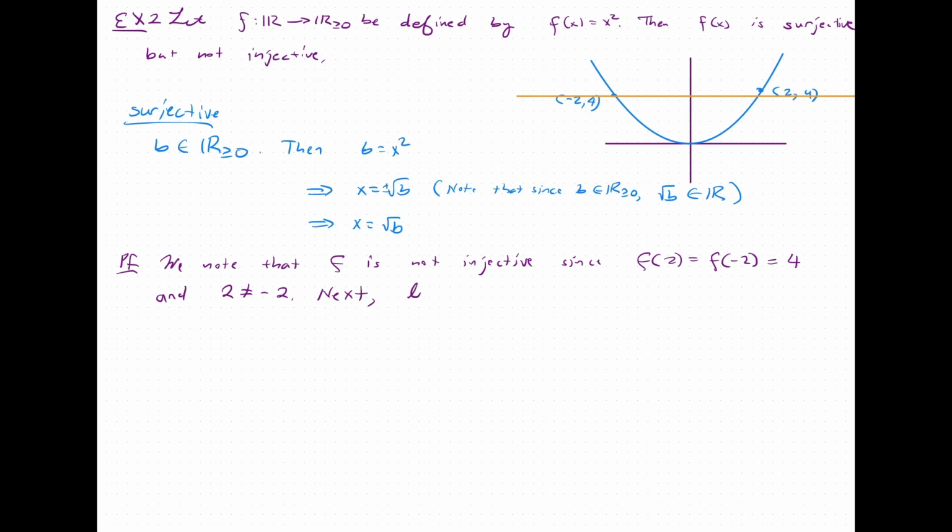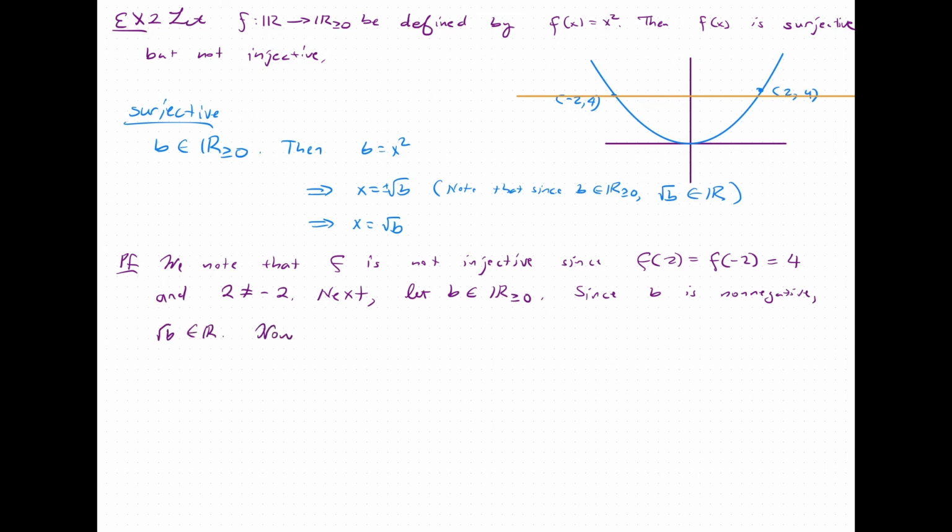Next, let b be a real number that is non-negative. Since b is non-negative, the square root of b is a real number.